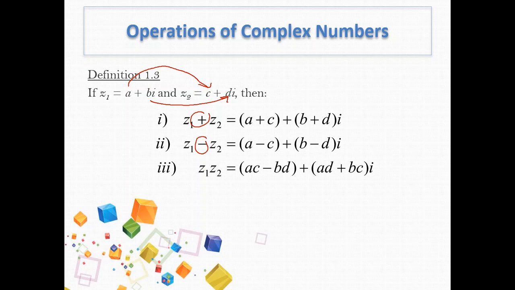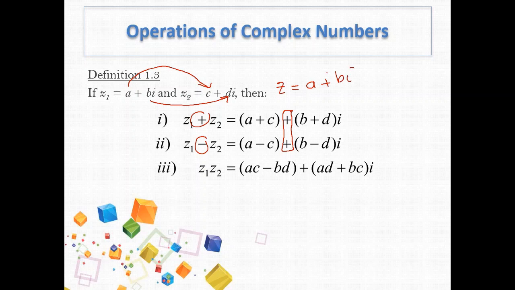Same goes for subtraction. If you subtract two complex numbers, you will subtract the real part of the first complex number with the real part of the second complex number. So A minus C, plus B minus D. Remember it is always plus in the middle here because this is the way we write the standard form of a complex number, A plus BI.